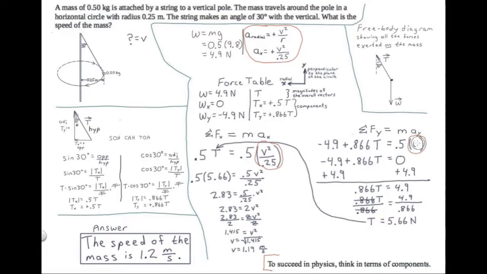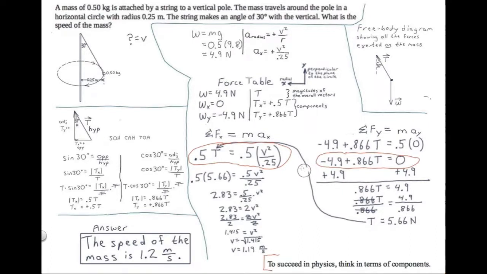Instead, for a sub y, we noticed that the object was moving in a horizontal circle, but that the object was vertically motionless. The object was motionless in the y component, so we were able to substitute 0 for a sub y.